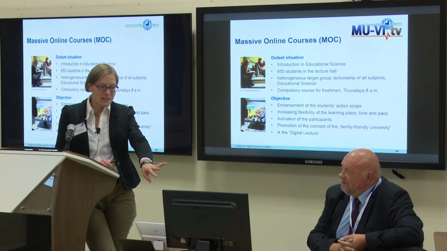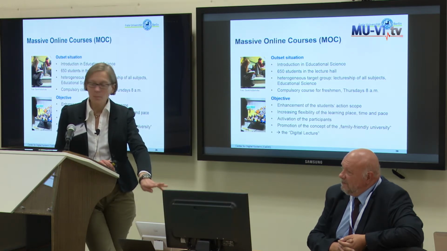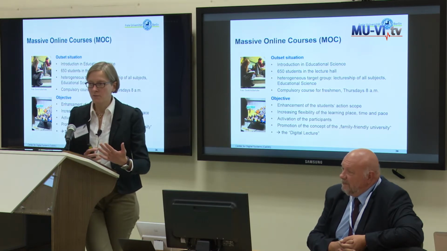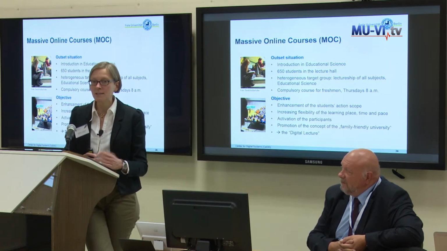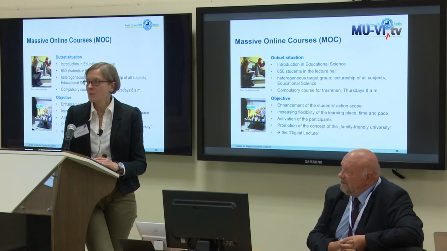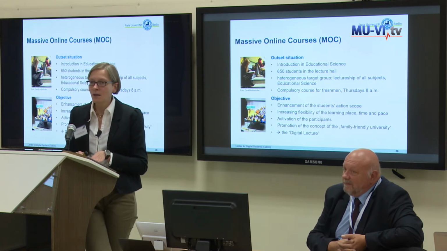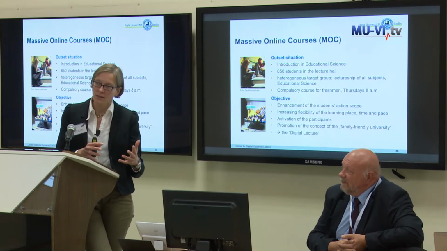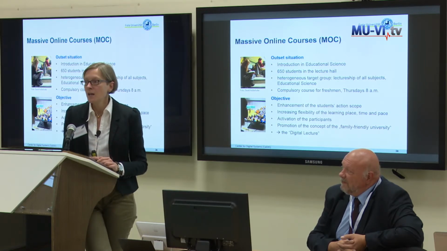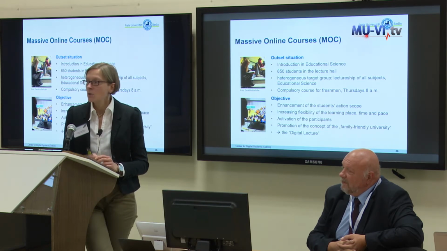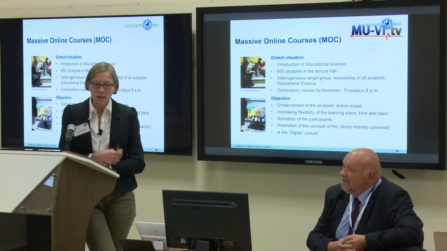And I said it's very good for the concept of family-friendly university. That's translated word by word, familienfreundliche Hochschule, which means that we have to keep in mind that our students are no longer 18 years old and just came from school, but we have a lot of adults and people who already have families, who re-enter studies.